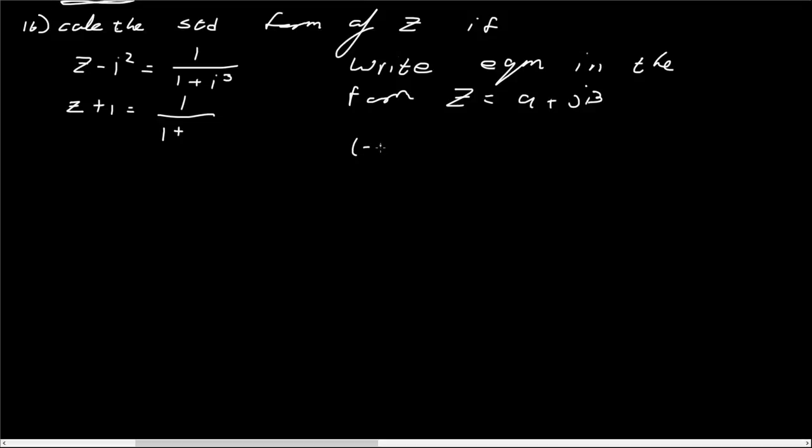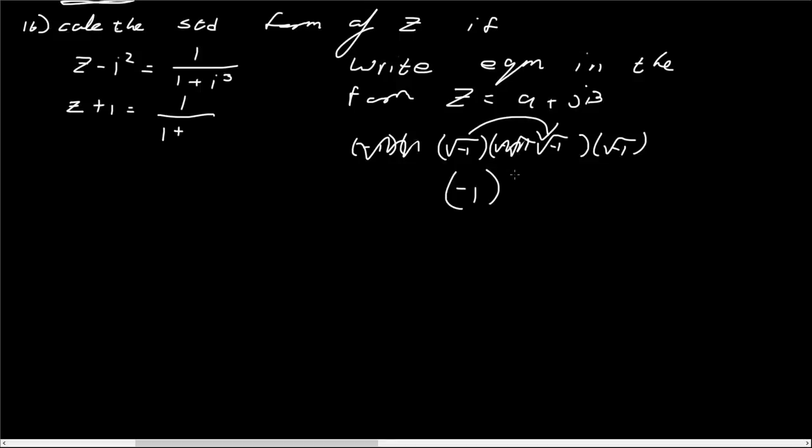I cubed is i squared times i, which is negative 1 times the square root of negative 1, which is equal to negative j.